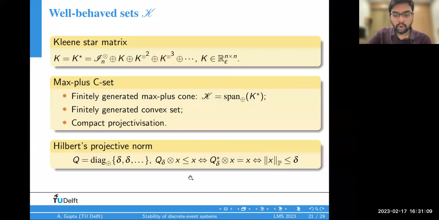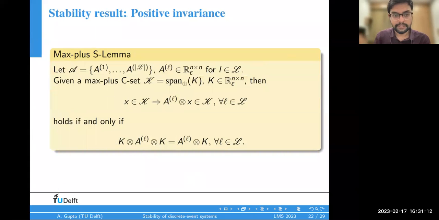Okay, so what I derive is a constructive theorem. I say that if a set K exists and it is derived as the max plus column span of a Kleene star matrix, then I can rewrite the condition of invariance using a simple equality. This is fairly easy to check if I already have this matrix K. But if I do not have this matrix K, I can parameterize it and solve for those parameters, because this is in the end just like an equation.